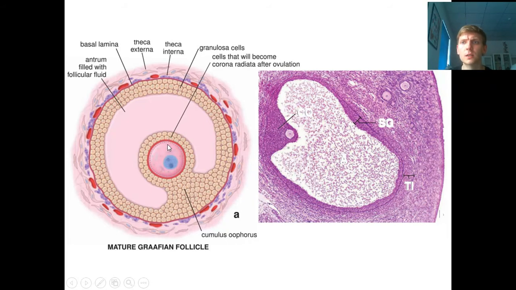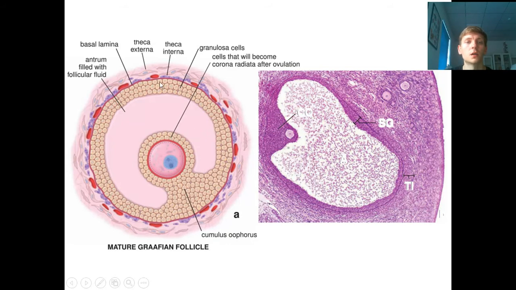This process is independent from each other, so oocyte and follicles are independent. But one thing which connects them together is the possession of the zona pellucida. If zona pellucida is built up, the process of meiotic division continues. And these granulosa cells are known as cumulus oophorus. I said before, cumulus oophorus later becomes corona radiata after the ovulation process.